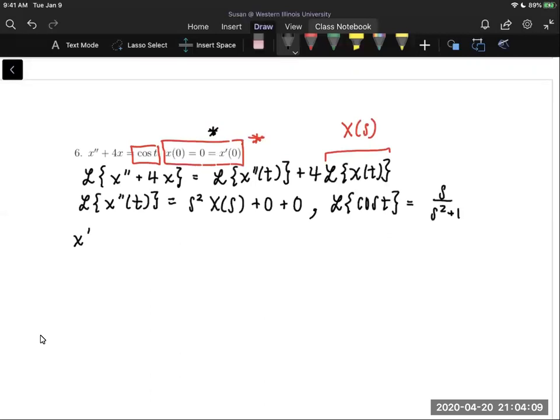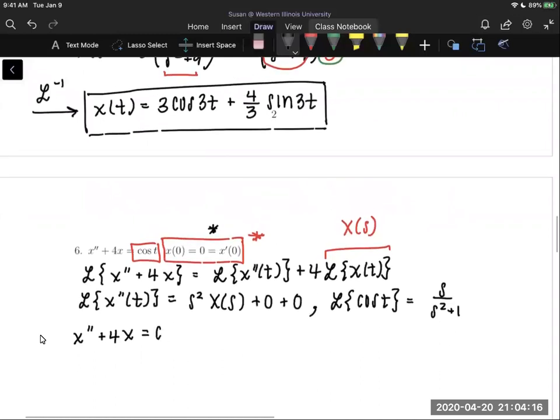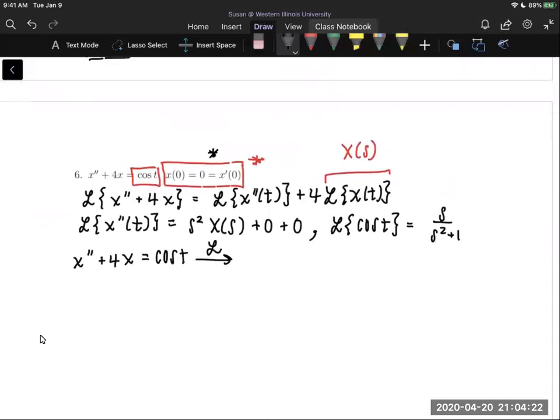So I'm going to start with my differential equation, x double prime plus 4x equals cosine of t. And I'm going to apply the Laplace transform. And that results in s squared X of s plus 4 X of s, and this all equals s over s squared plus 1.